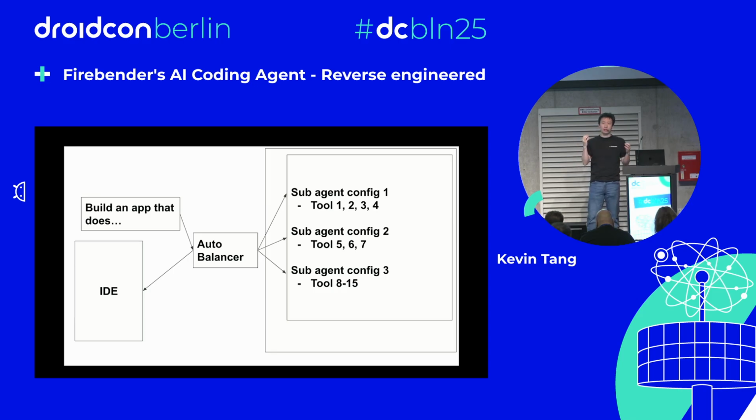Oh, this agent is specifically only going to do refactors, so give that agent the tool for find usages, grep, maybe a structural find and replace in IntelliJ or Android Studio. And you can have a different agent for doing specifically Figma to Compose. That seems to be the best architecture here, and you have some auto balancer that chooses between the agent configs.